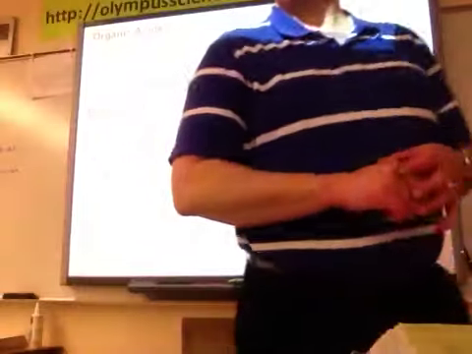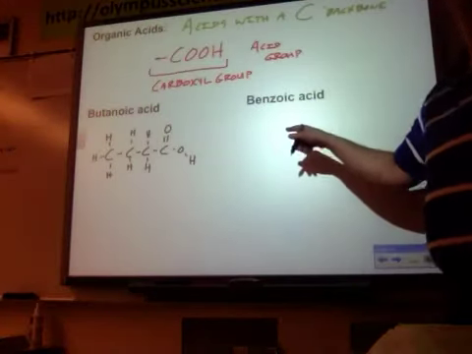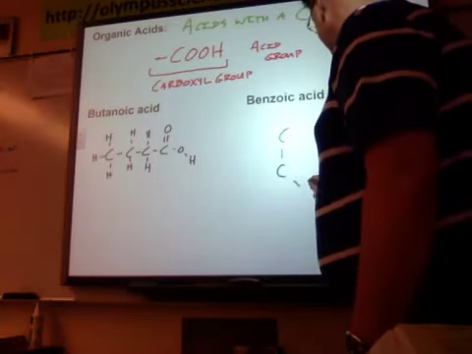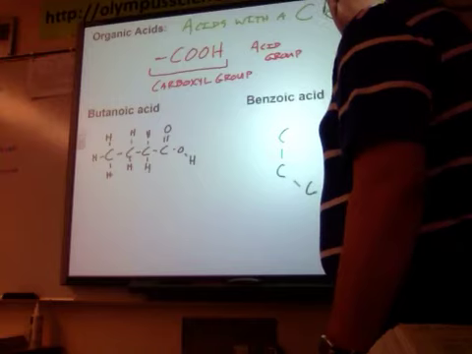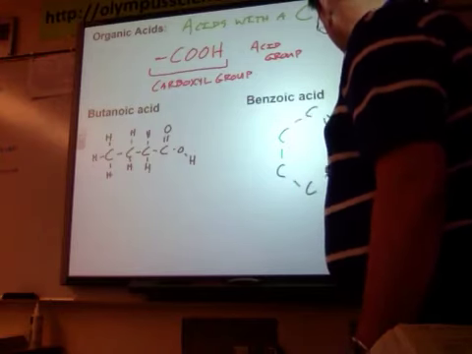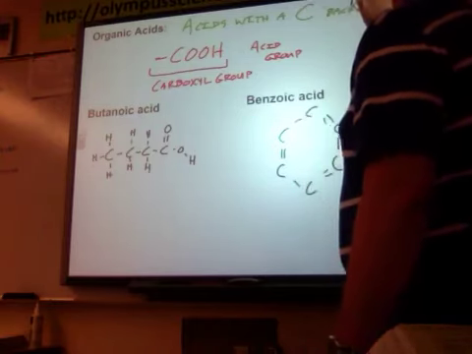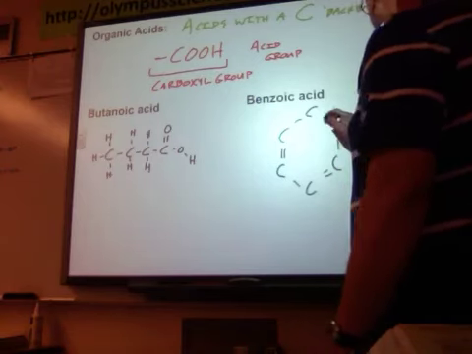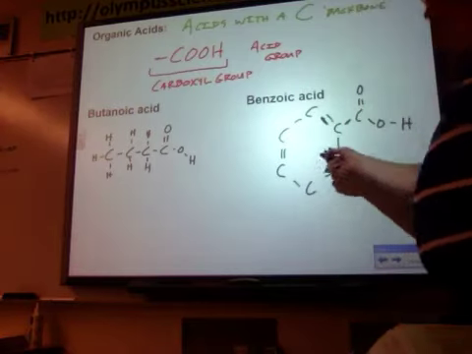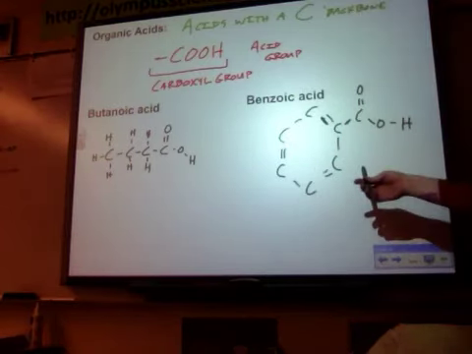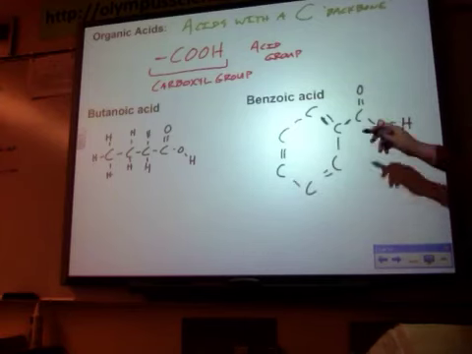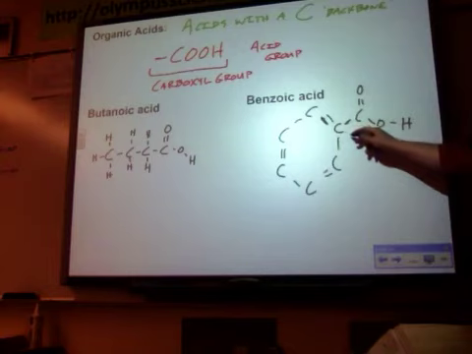Okay? And then this one, benzoic acid. This one's really fun. All right. This one has 6 carbons in a ring, and another carbon off one of those carbons, and then oxygen, oxygen, hydrogen.